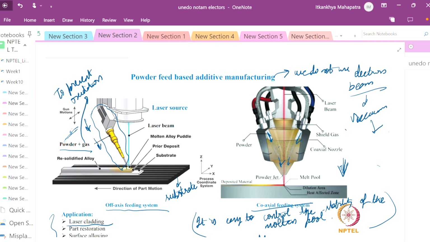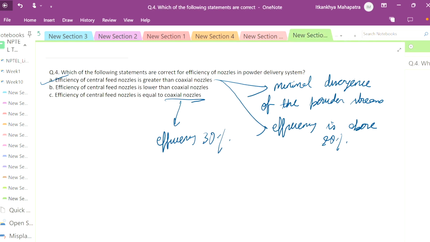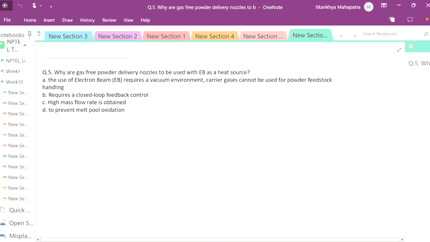These are some of the basic systems which are given, but if you want to vary or change them, we can always do that. This was for coaxial.